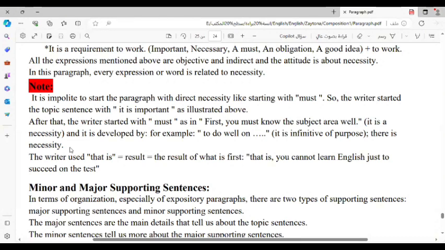Okay, so when I give advice, I try to avoid the word must. Okay, especially if I am talking to somebody that I don't know well. Okay, so when I give advice, I need to use words like have to, it is important, you should, because it is more polite. But when I say you must, it is a necessity, ضرورة.